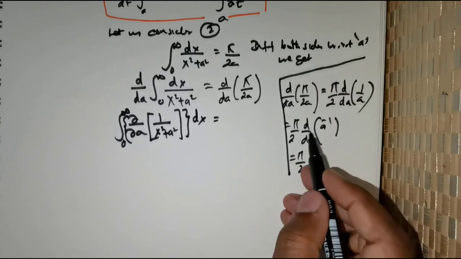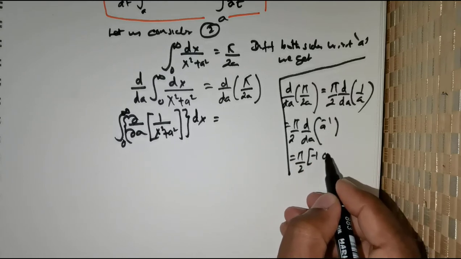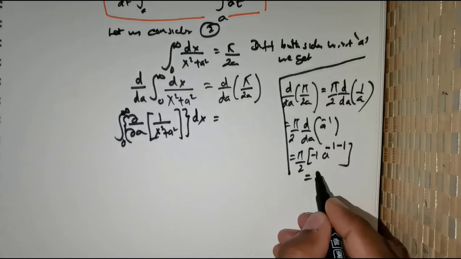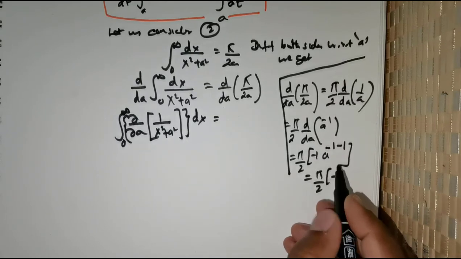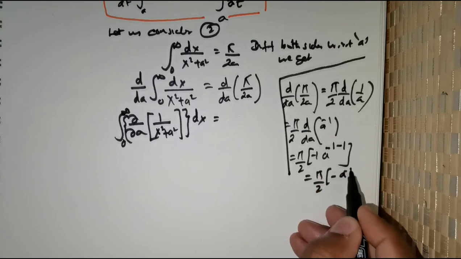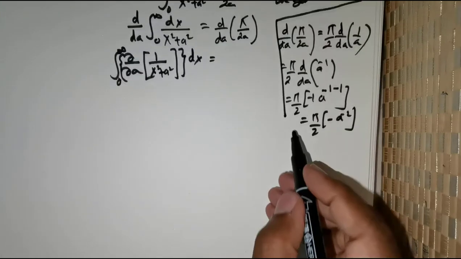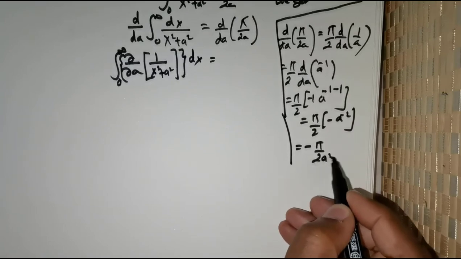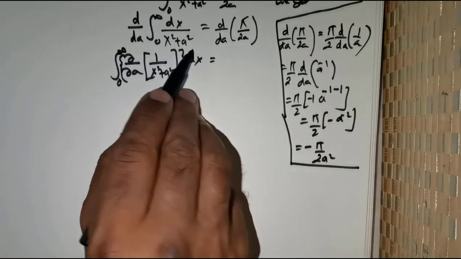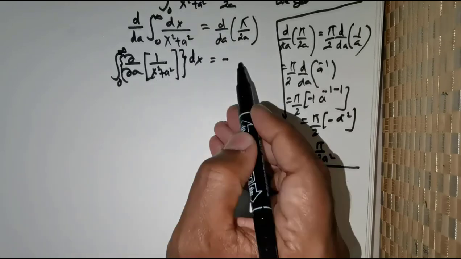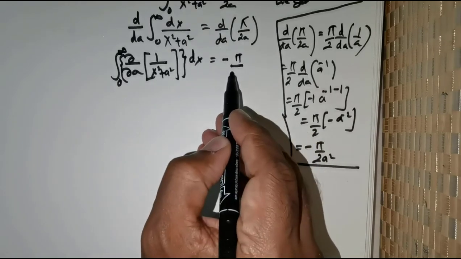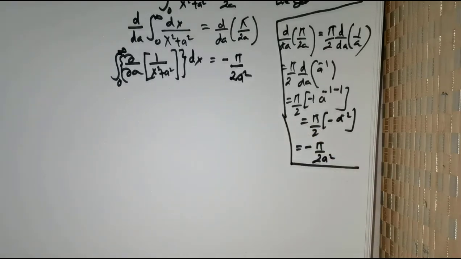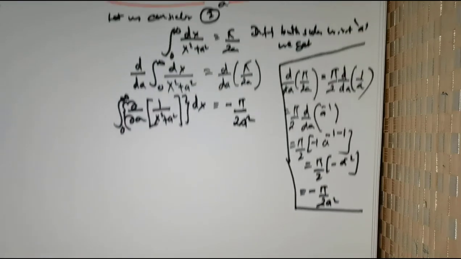I differentiate this, I get negative 1 times a raised to the power of negative 2, which is nothing but negative pi over 2 times a squared. So I can place that value here: negative pi over 2a squared. That's a nice value that we have got.